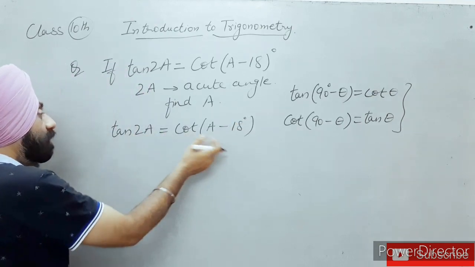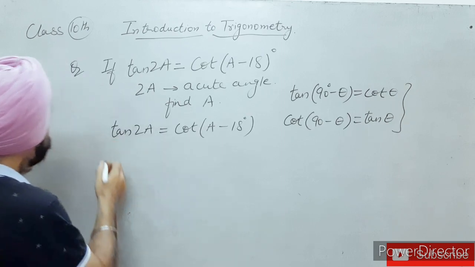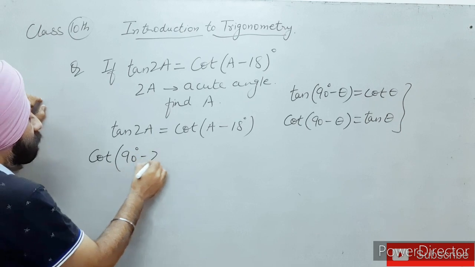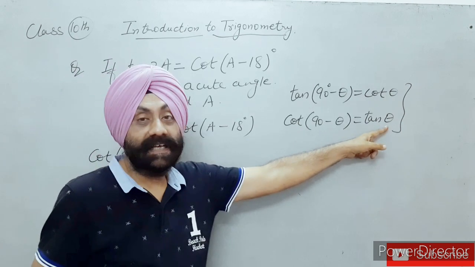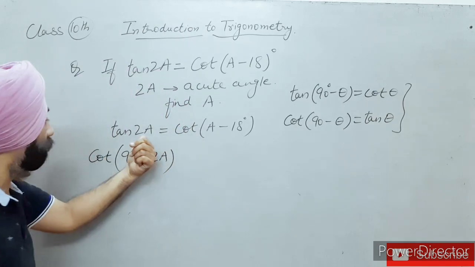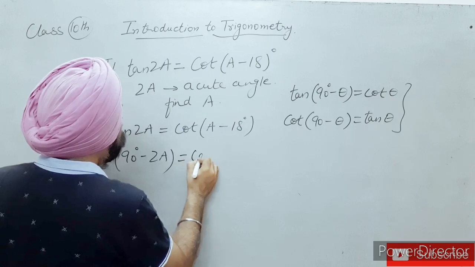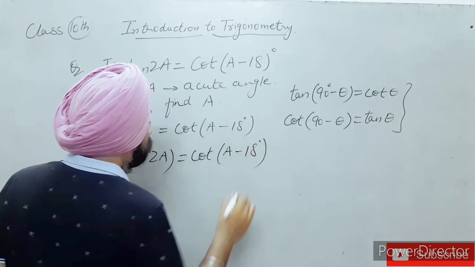Now I can change either this or this. Tan 2a can be written as cot of 90 degree minus 2a, because I know cot of 90 minus theta is tan theta. I have changed this tan into cot 90 minus 2a equals cot of a minus 18 degrees.